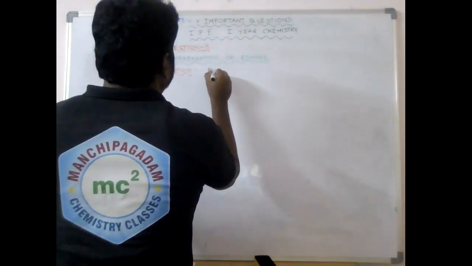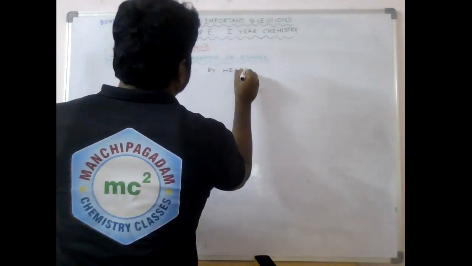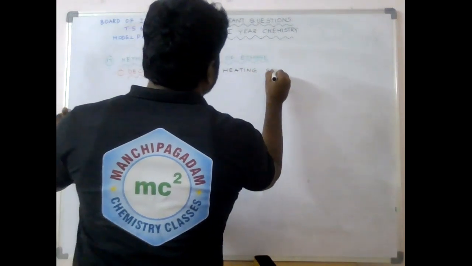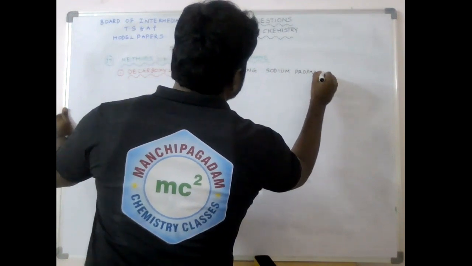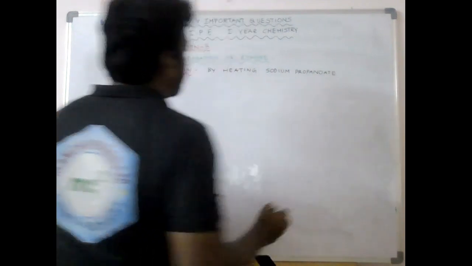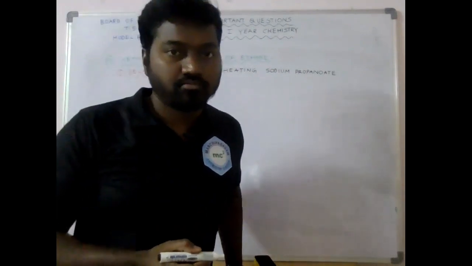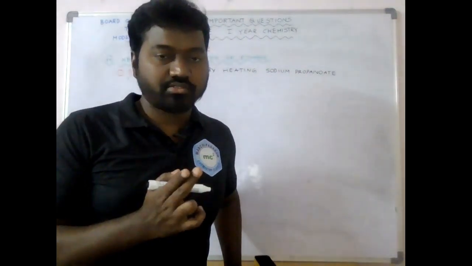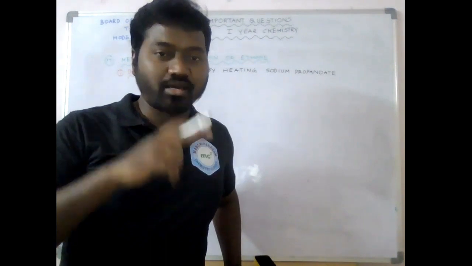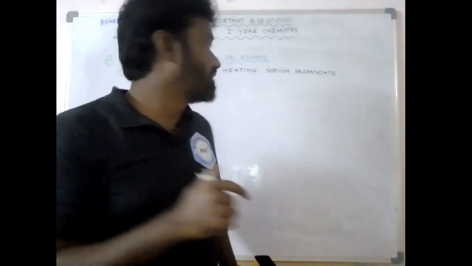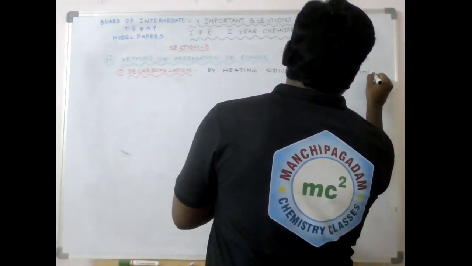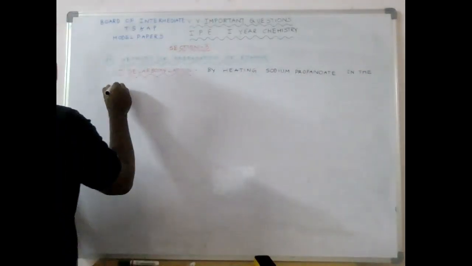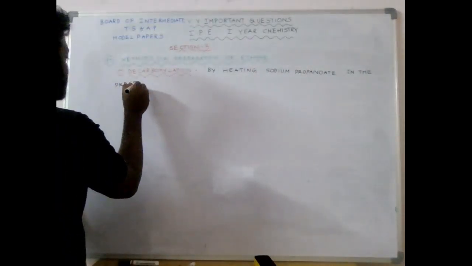So you can say that by heating sodium propanoate. Prop means what? 3 carbons. Ethane contains 2 carbons, so 1 carbon will be removed as carbon dioxide, and we'll get only 2, right? By heating sodium propanoate in the presence of soda lime.